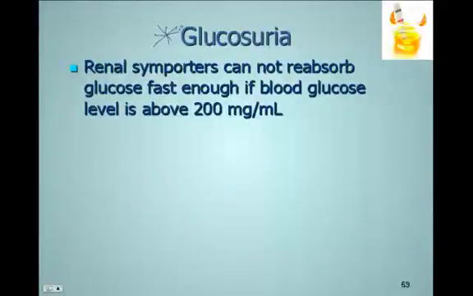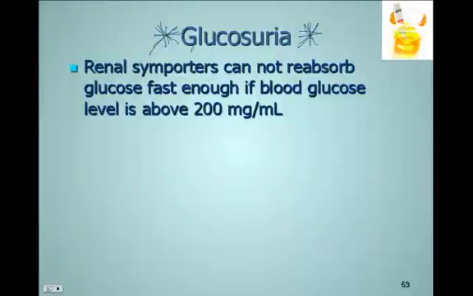Okay, glucosuria. We talked about how there is no case in which you should be excreting glucose normally, unless you, for some reason, have an insane amount of glucose, meaning you've eaten way, way too much glucose. But for the most part, you should not have glucose in your urine.